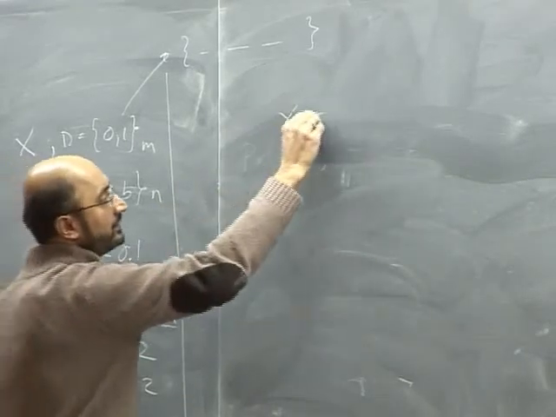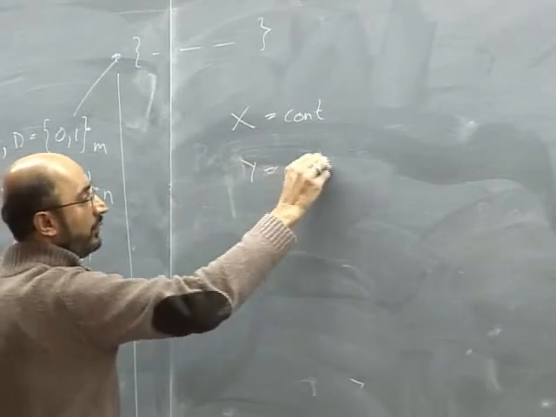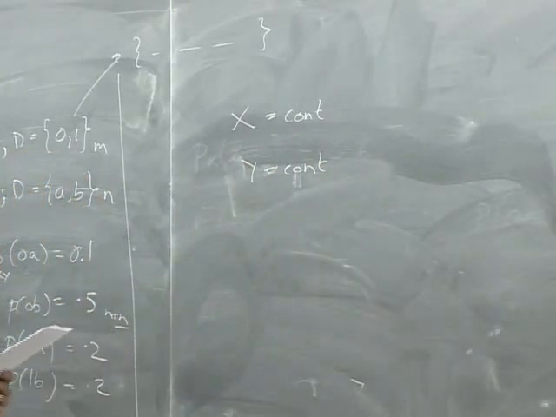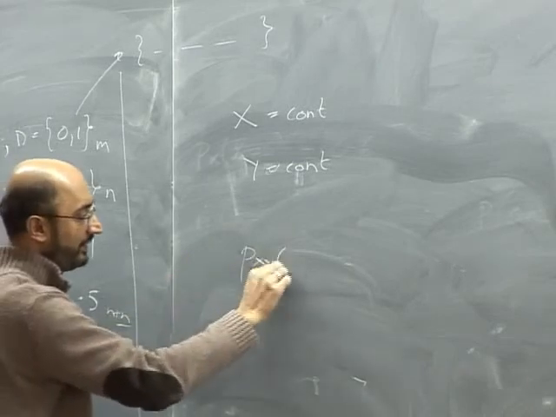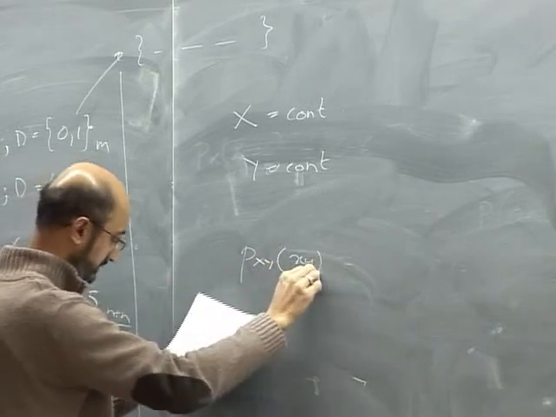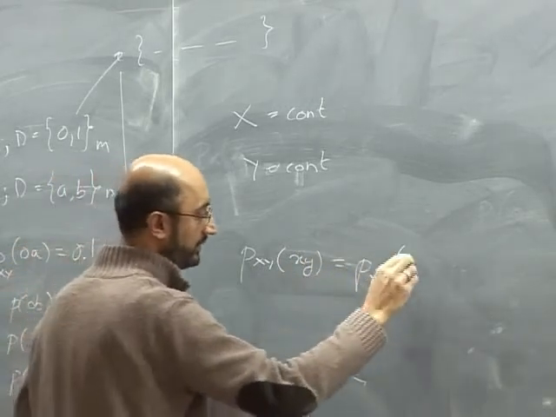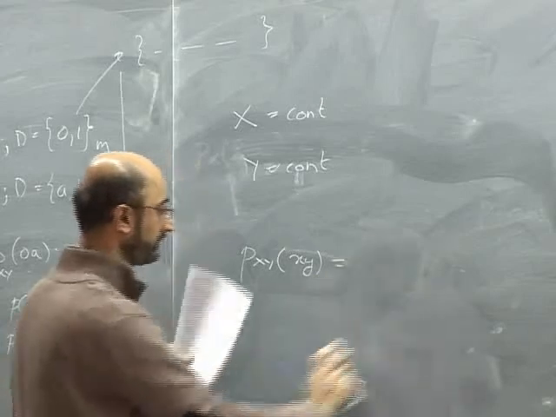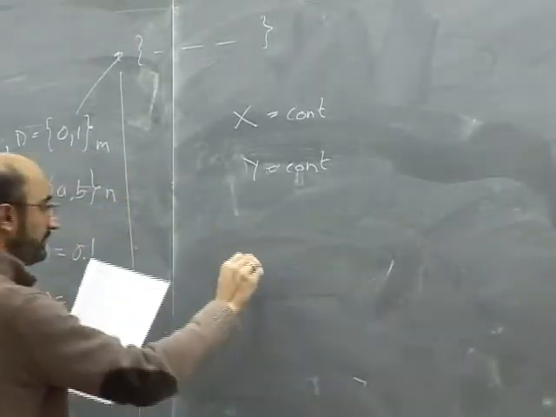If x is continuous and y is continuous, then what is the xy distribution? We can implicitly define it by the following equation. Let me do this properly.